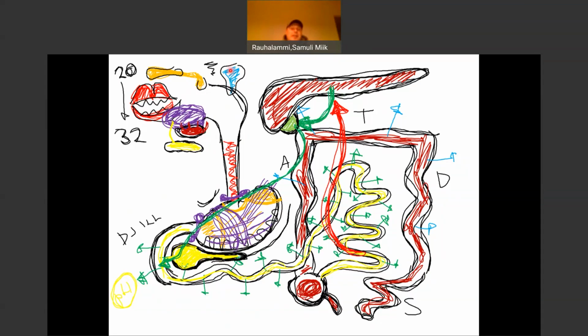The parotid salivary gland on each side has a duct that opens next to the upper second molar. And the secretion that comes out is going to be very watery, liquidy in terms of the texture of it.